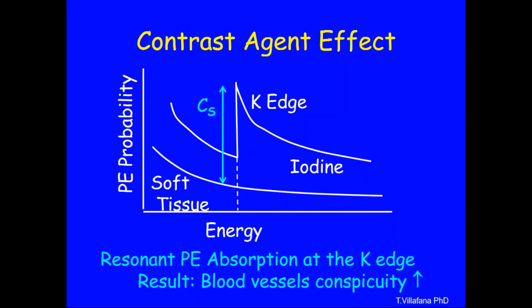Okay, so same thing with barium. Barium has 37 keV as its binding energy, and that also is smack in the middle of where most of your photons are in a typical X-ray beam. The 37 is a little bit higher than 33. Why do we not use iodine in a barium swallow study or in GI contrast needs?